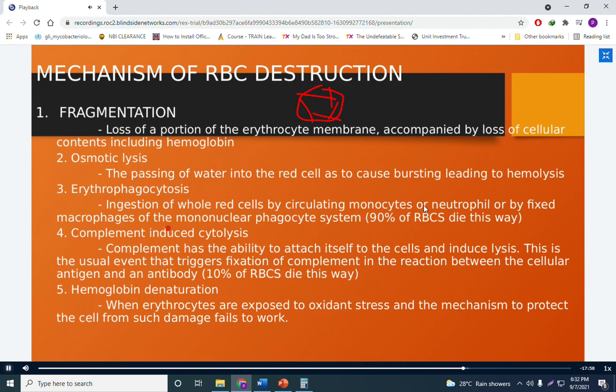Now, meron dito class tinatawag na mononuclear phagocyte system. When you hear that system, what organ comes into your mind? What organ class? 90% of our species die this way.